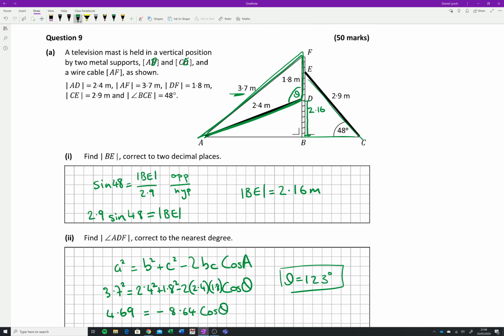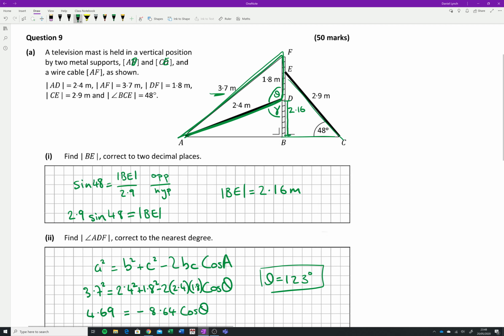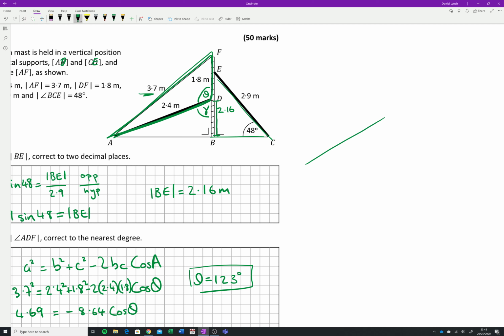If we had looked at this angle here, gamma and theta make up 180 degrees. So if you just looked at gamma, which is part of a nice, easy right angle triangle where we know that this is 2.16 and this is 2.4, and we're trying to get gamma, we know this is the opposite, this is the hypotenuse, and this is the adjacent. Adjacent and hypotenuse, we're dealing with cos.